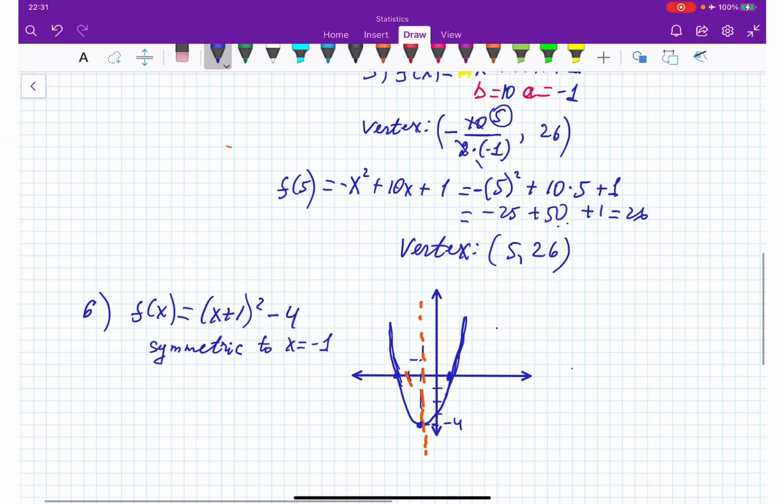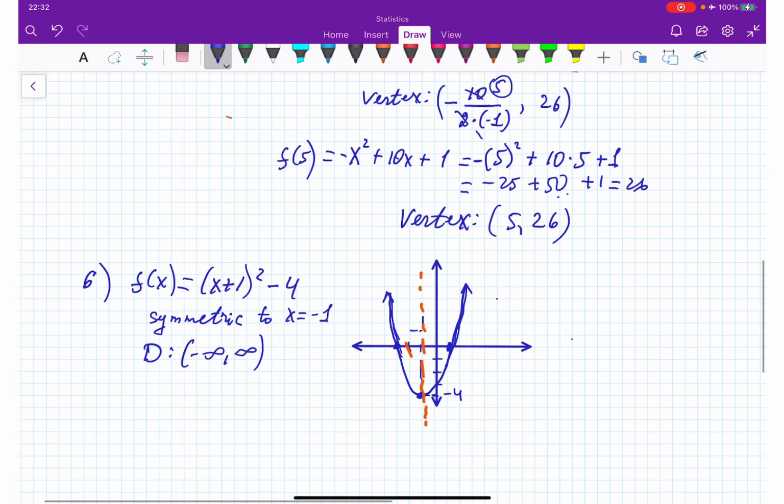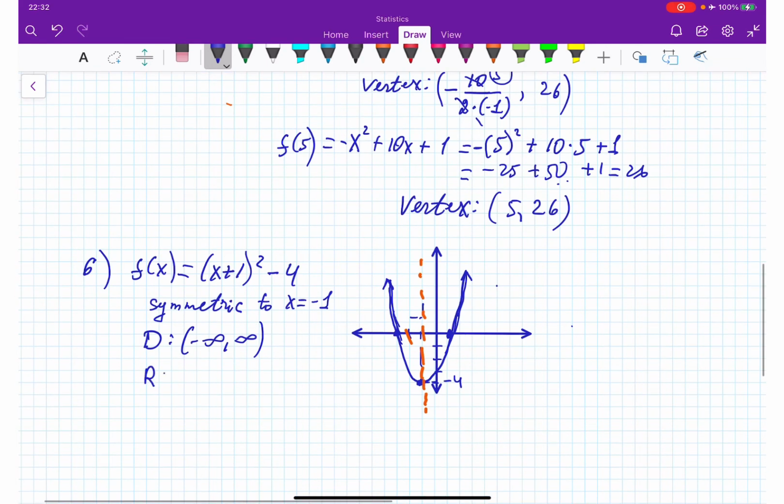Okay. Next, what is going to be the domain? Since it's running to infinity, the domain is going to be negative infinity, positive infinity. What is going to be the range? It's a different story. Range is the value of y, right? It starts from here and it goes up, growing up. Plus this negative 4 is included, right?